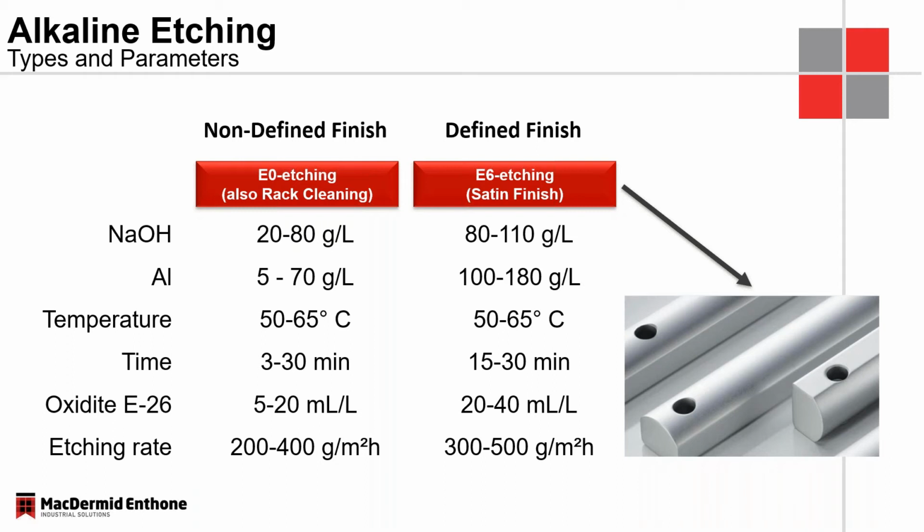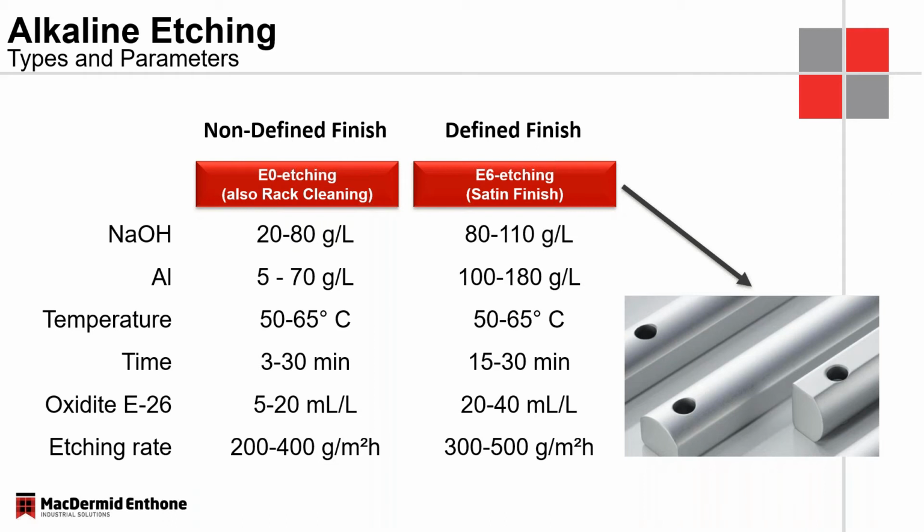And that is a very defined, a very smooth, almost like a pearl bright finish, if someone knows that from the nickel chrome industry. And those finishes can only be achieved by using very high concentration of sodium hydroxide and very high concentration of aluminum. And these processes will reach an equilibrium, but that still needs to be maintained very well.